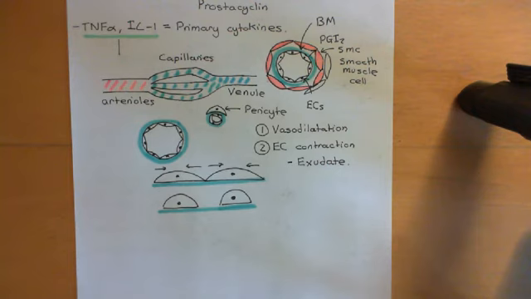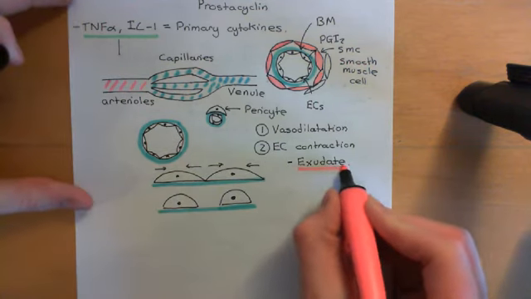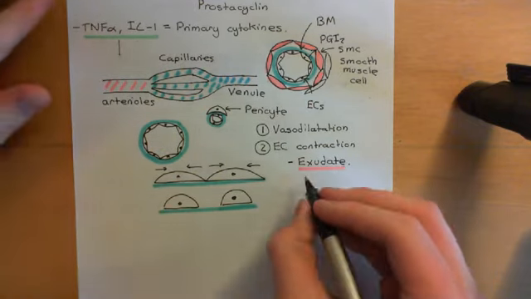Exudate, when you contract the endothelial cells this much and open up these massive gaps in the capillary walls and the post-capillary venule walls, you then allow proteins from the blood to leave the blood and go into the extracellular fluid. And when you get this fluid accumulation at this site of inflammation, which contains a lot of the proteins from the blood, that's called an exudate. So exudate doesn't just mean the fluid, it means the fluid containing lots of proteins.